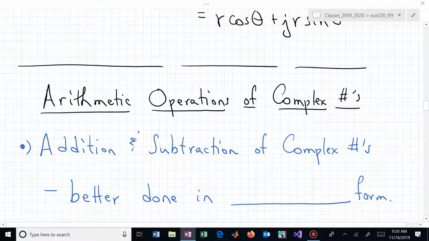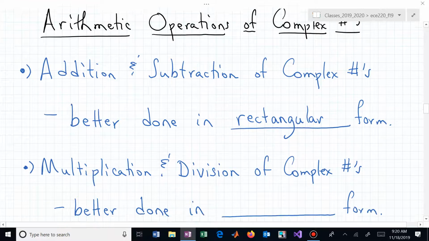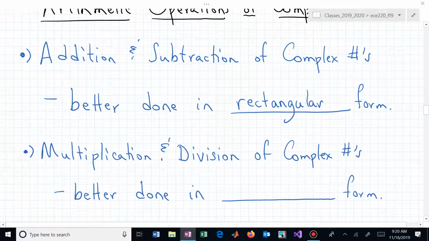What form do we want our complex number in? Probably in its component form, or its rectangular form. That makes it easier to perform addition and subtraction.